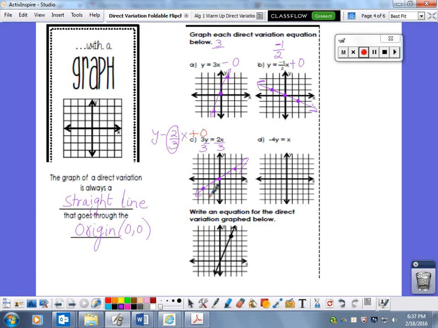Let's look at the last one over here. I have to divide on both sides by -4, students, because I cannot have a coefficient for y other than 1, right? So now y is equal to -1 over 4 times x. The same concept. I can add a 0, but that's it. That's all I can do and not change the equation. So there's my origin.